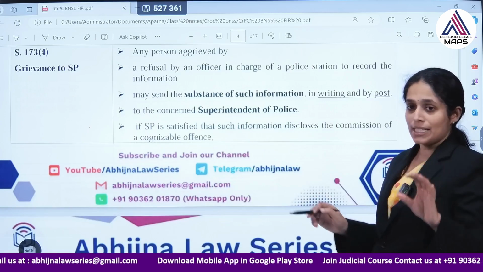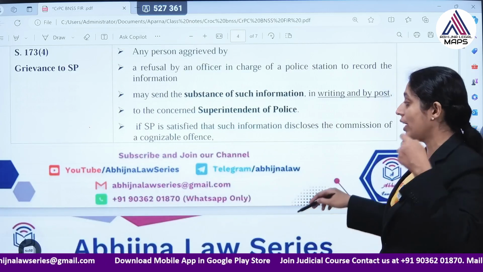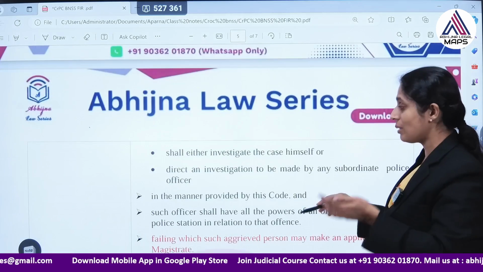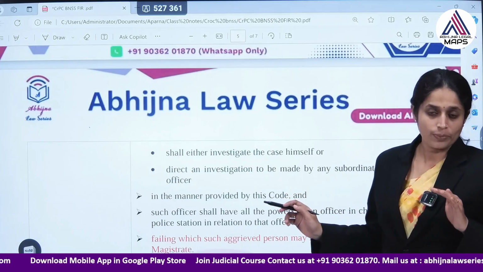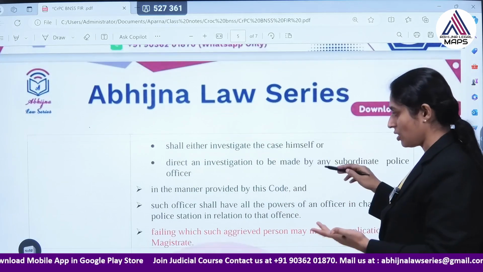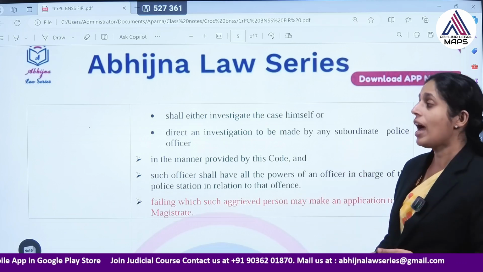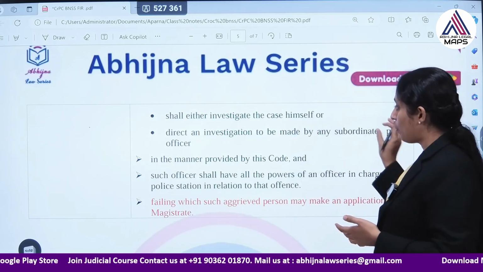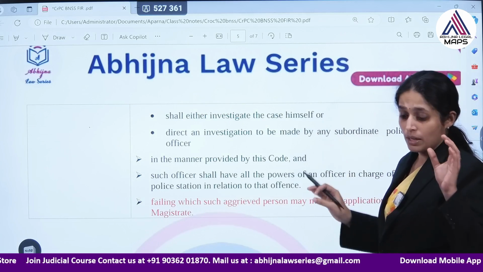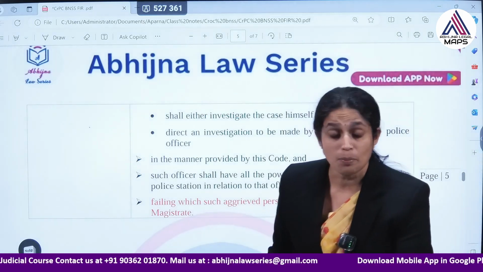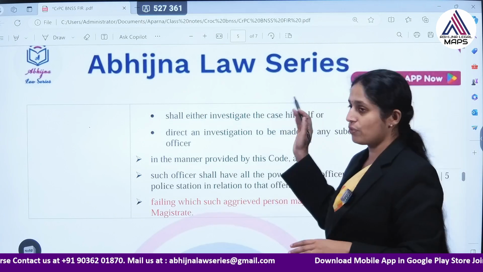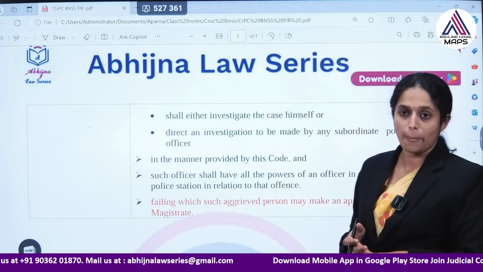So, if that SP is satisfied, he can himself investigate into the offence or he can appoint some of the subordinate officers, okay, and he can conduct the investigation like how the CrPC says, and whoever officer has been appointed by him, he is having the same procedure, he is having the same powers as that of the officer in charge of the police station.